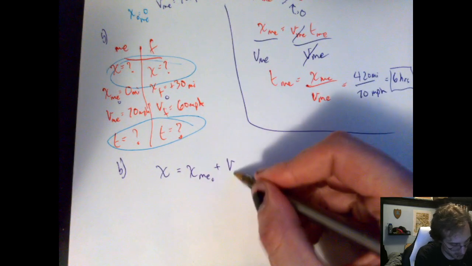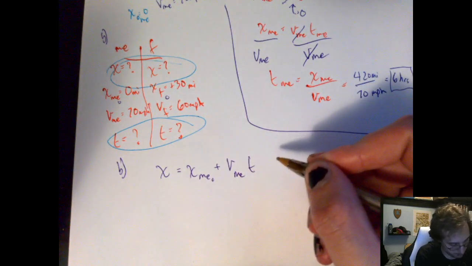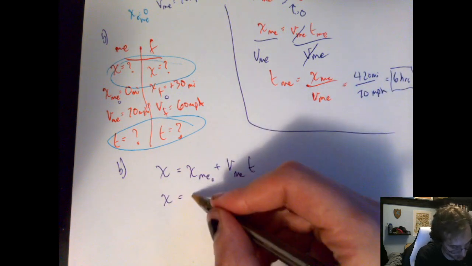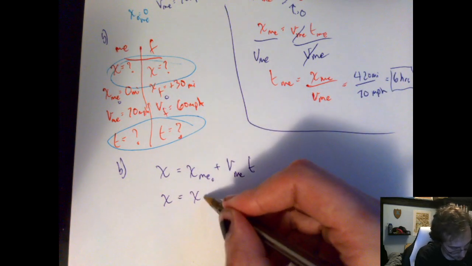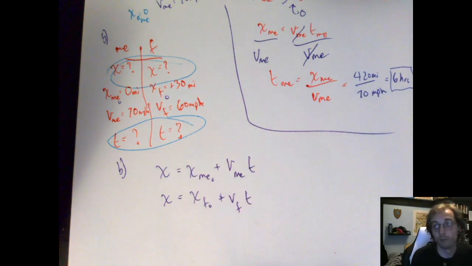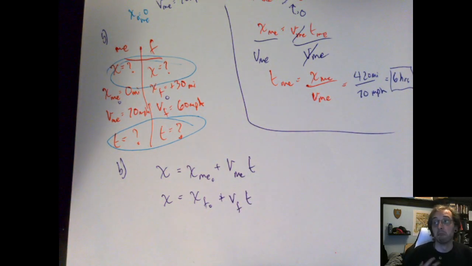Plus the velocity for me times the time. For my friend, it'll be very similar. There we go. First step is to solve one of these equations for one of the variables, in particular the one you want to eliminate.